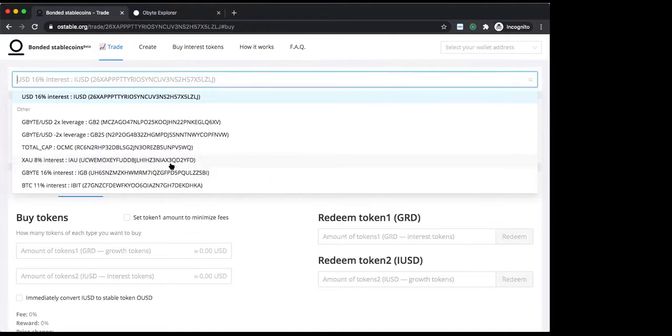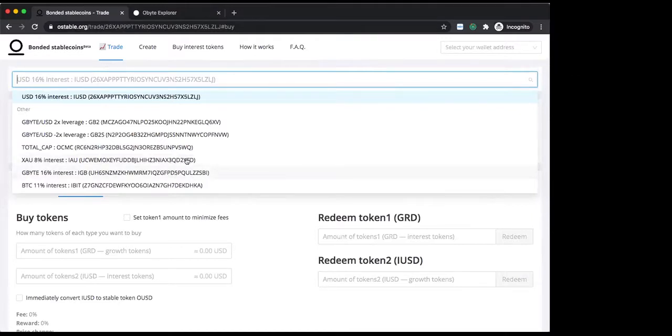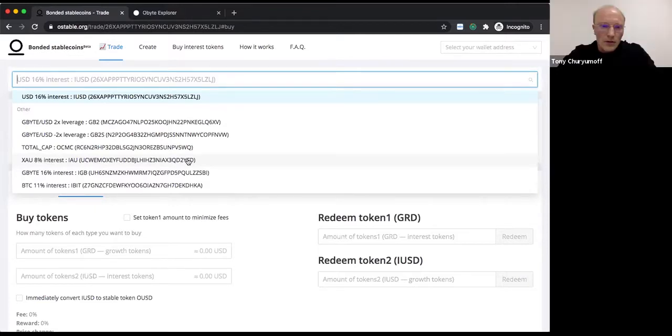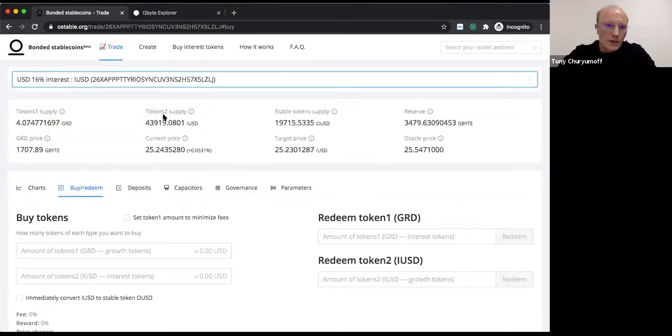You also can issue stablecoins that are pegged to some asset plus some interest, which we did. For example, the USD-pegged stablecoin is not exactly USD, but USD plus 16% annual interest.